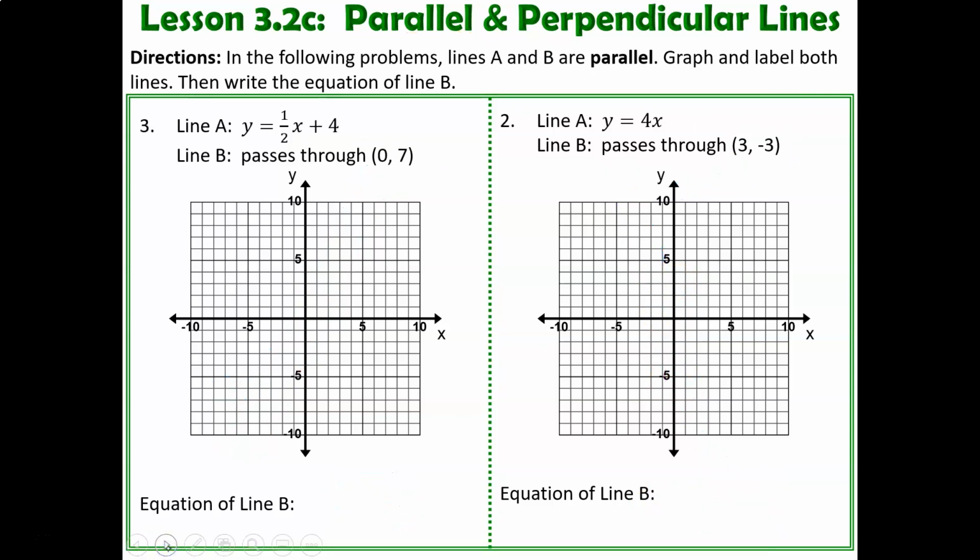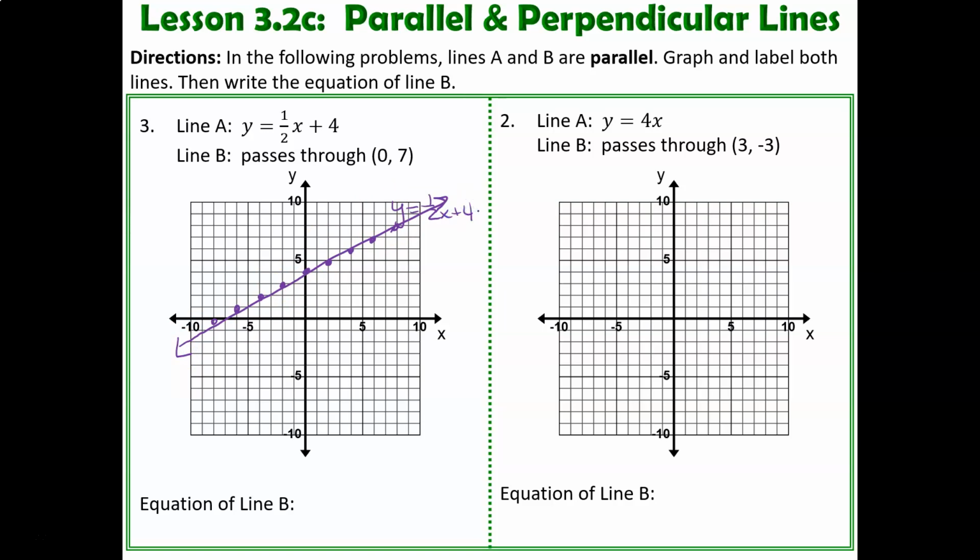All right, so let's look at number 3. Again, these are both parallel, so they have the same slope. So line A starts at 4, y equals 1 half x plus 4, up 1 over 2. This is y equals 1 half x plus 4.